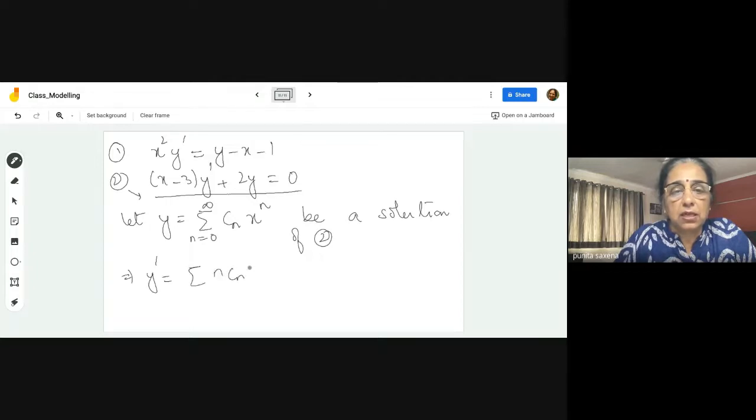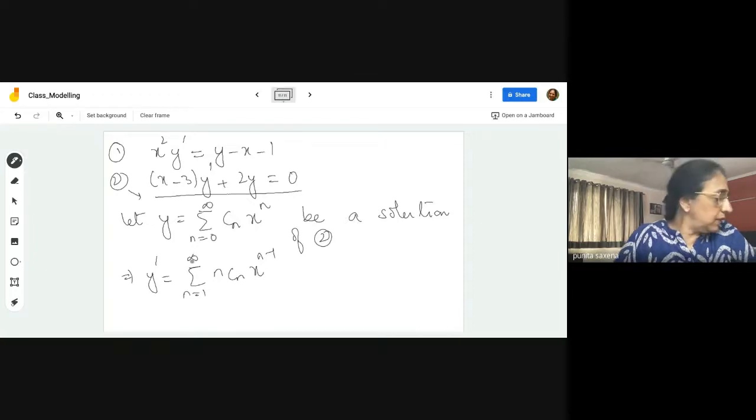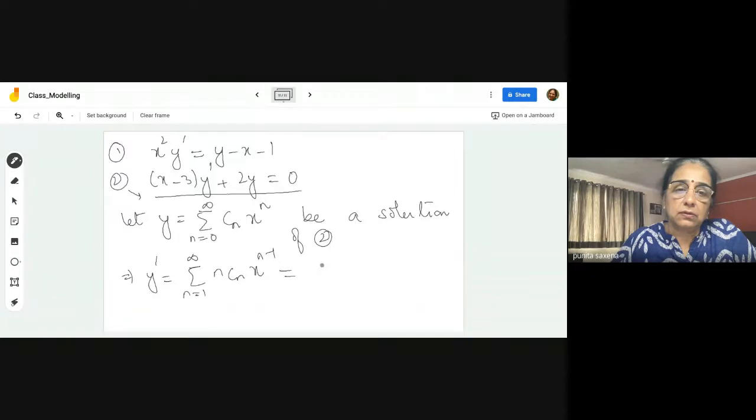Summation n cn x to the n minus 1, n from 1 to infinity becomes my y dash, which I can write as, changing the index here only, summation n from 0 to infinity, n plus 1, c n plus 1, x to the n.